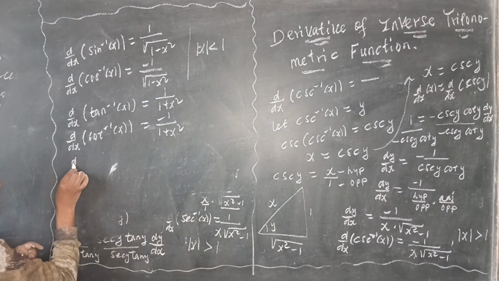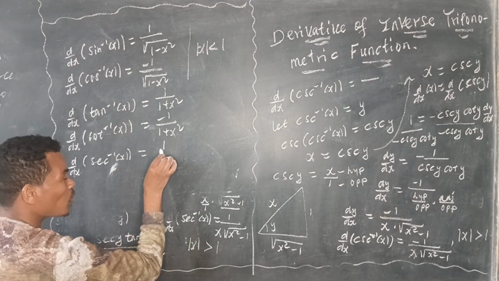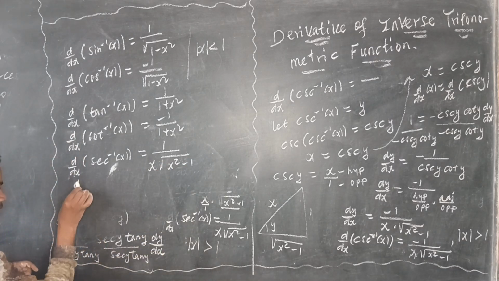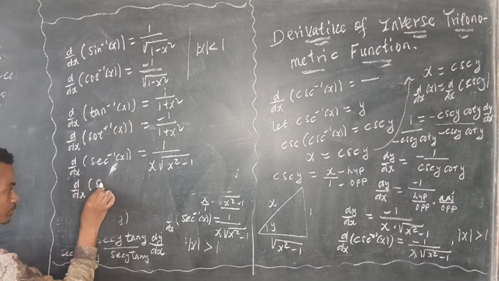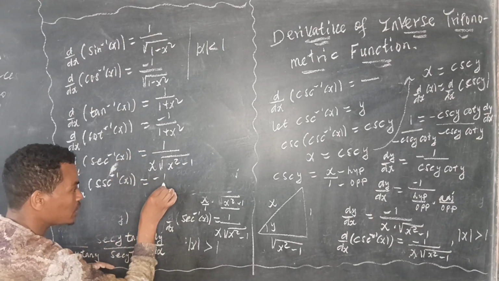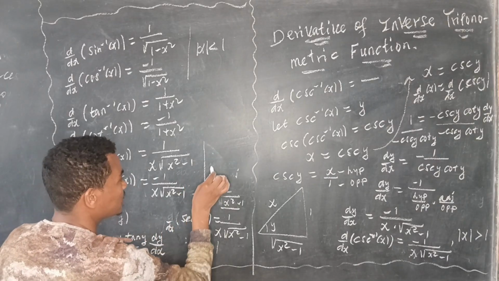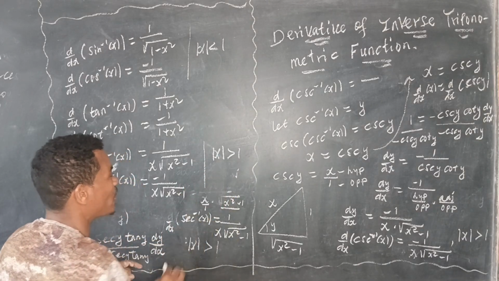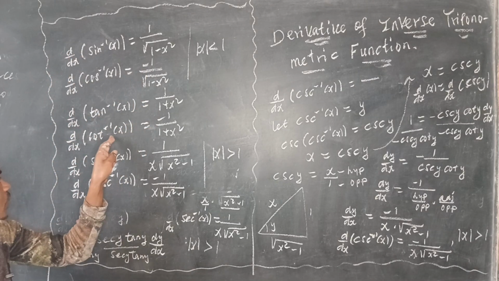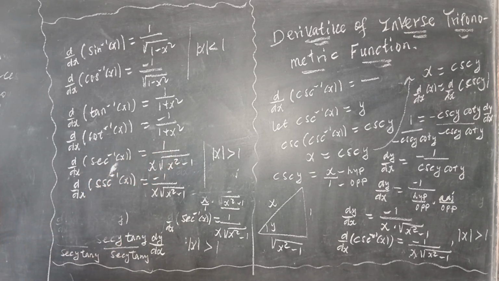The final one is d by dx of sec inverse of x is equal to 1 over x radical x square minus 1, and d by dx of cosec inverse of x is equal to only making it minus, that is minus 1 over x radical x square minus 1, and the restriction of the two is absolute value of x greater than 1. So if we know the one for sin, for cos we make it minus. If we know the one for tan, for cot we make it minus. If we know the one for sec, for cosec we make it minus 1.